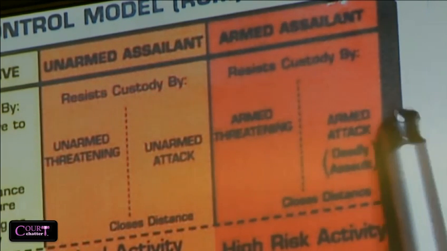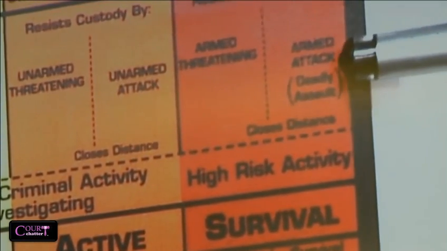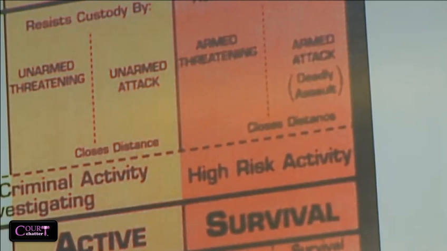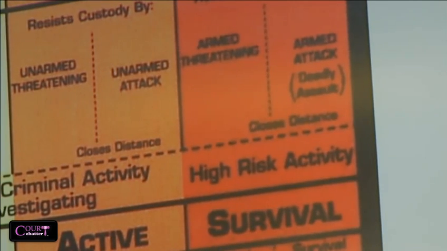Okay, and let me go to the next column, because the next column where it has deadly use of force talks about armed attack. Can you explain what an armed attack is? An armed attack, again, would have the intent, the means, the opportunity.